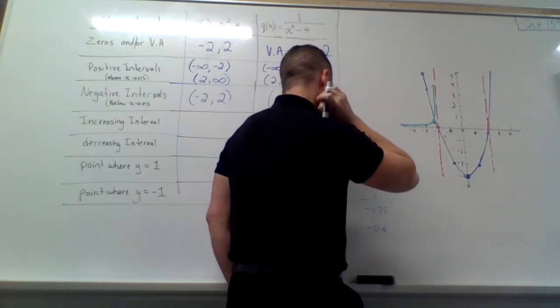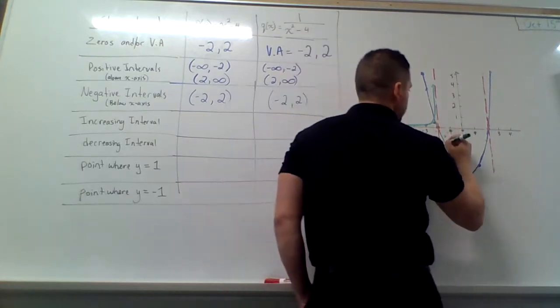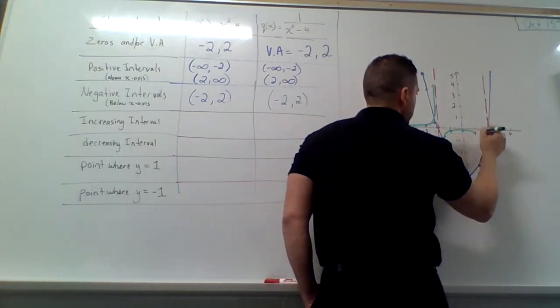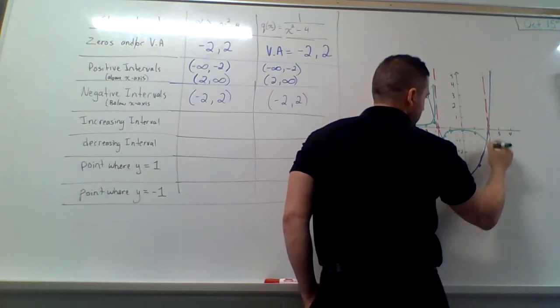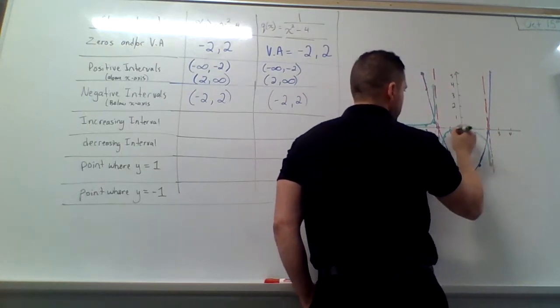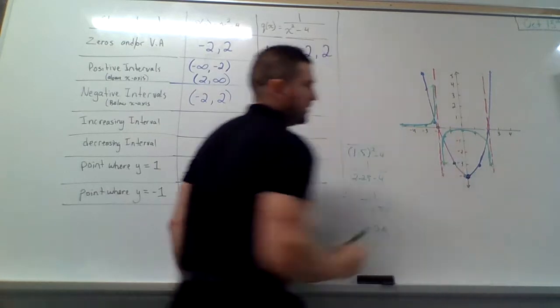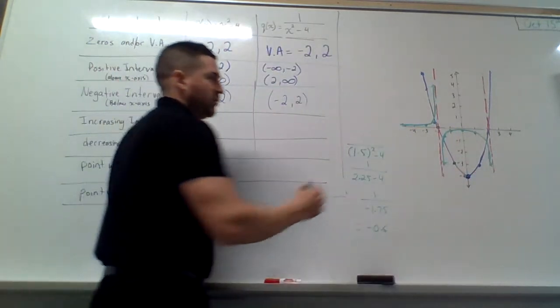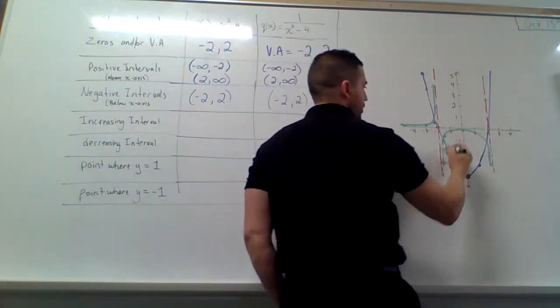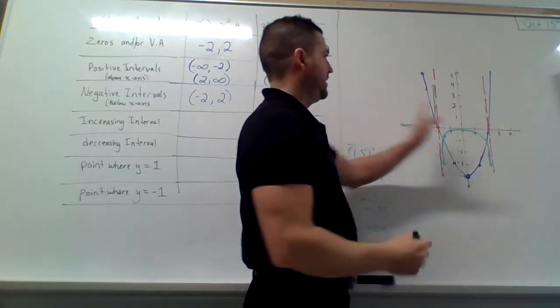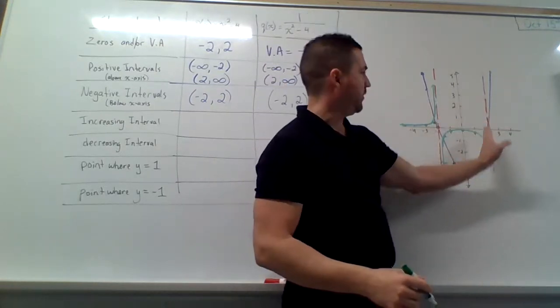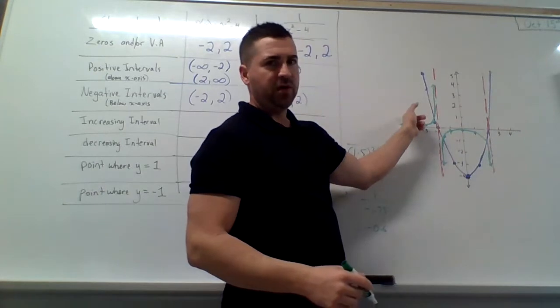So you'll notice it's kind of a weird graph. So it goes this way, then it goes this way, and then this last part, so after positive 2, it's going to be a mirror image of this one here.